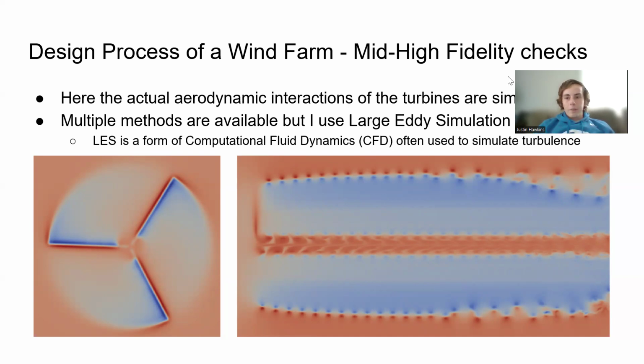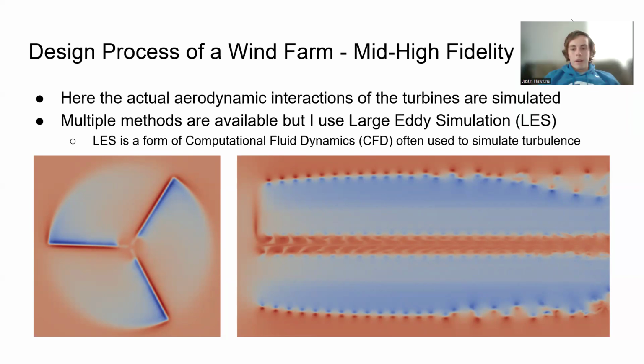Large eddy simulation is a way to simulate turbulence in that the largest eddies or vortexes, however you want to think of them, are simulated and the smaller ones are just modeled.